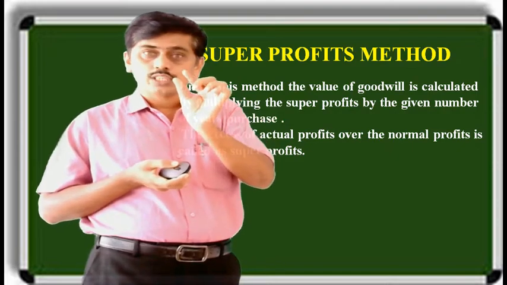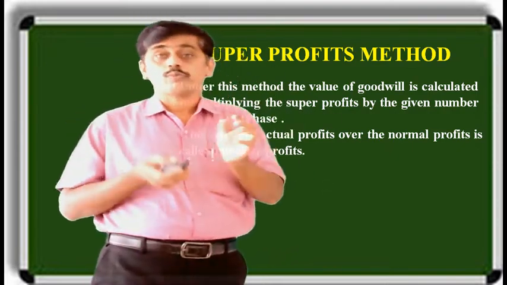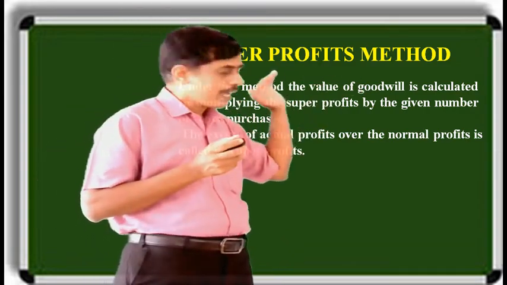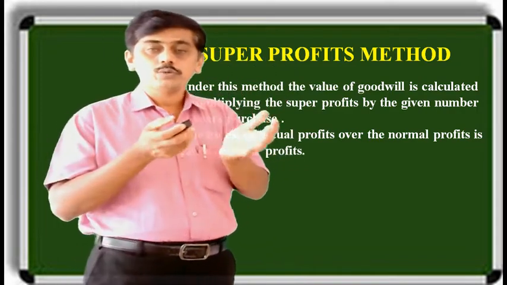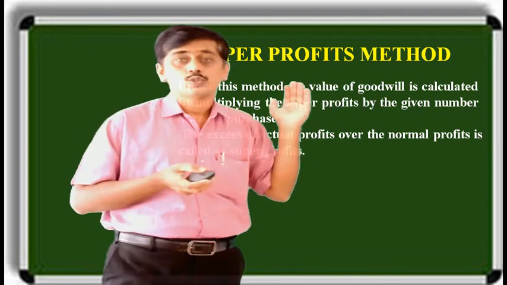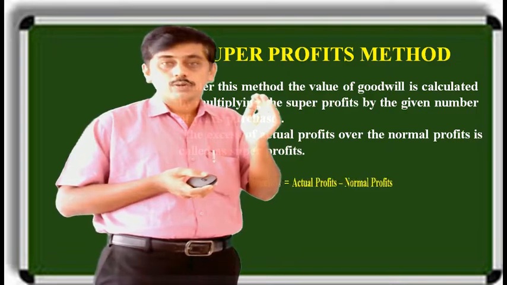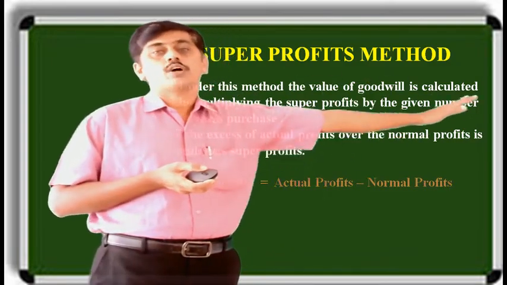Then 12,000 is the actual profit, and 10,000 is considered as normal profit. 2,000 is the super profit. 12,000 actual profit, 10,000 normal profit, 2,000 difference. The difference is called here the super profits. So here super profits equals actual profits minus normal profits.